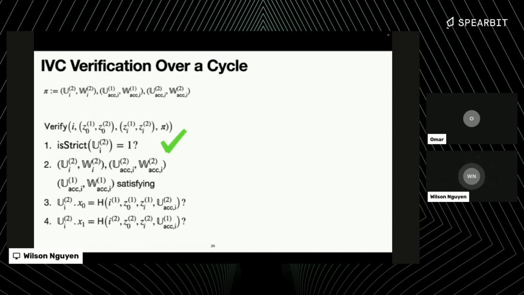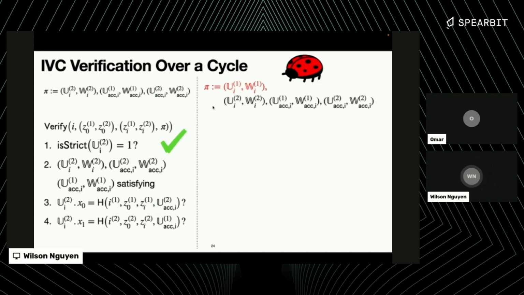So what went wrong with the original Nova verifier? Well, the proof contained an extra strict instance for the primary constraint system. Containing an extra one doesn't necessarily make you insecure. So what was different about the verification algorithm?